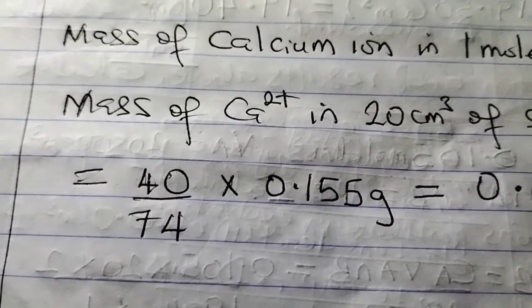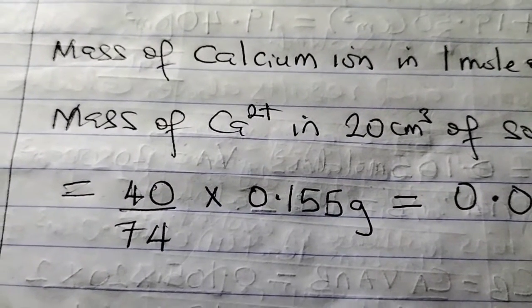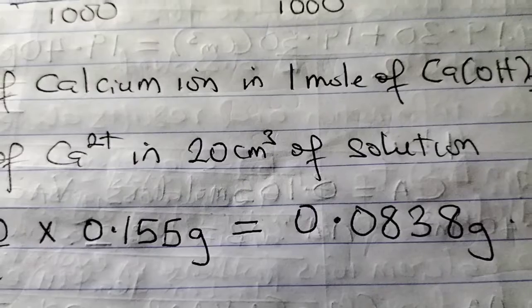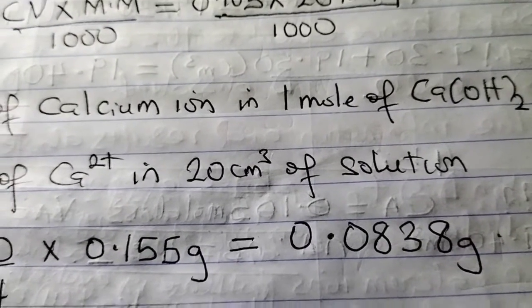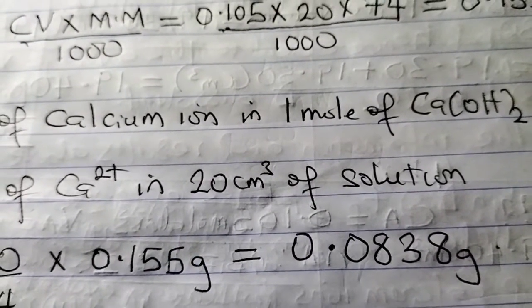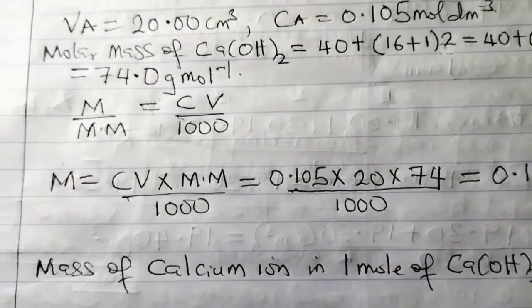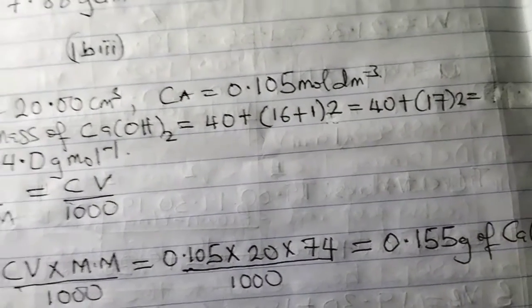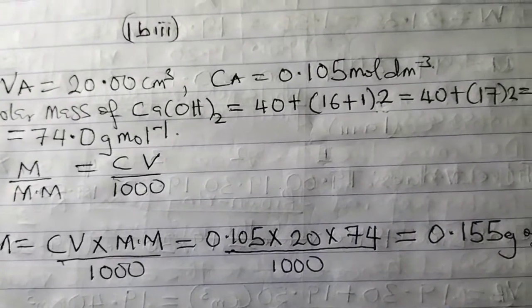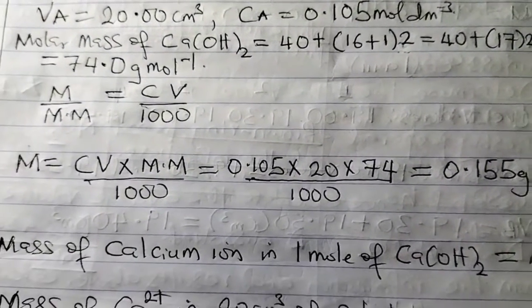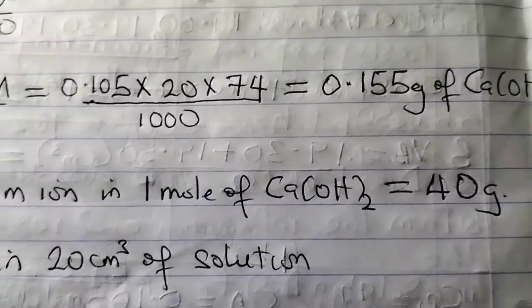So 40 over 74 times 0.155 will give us 0.083 gram of calcium ion as our final answer. You can go through the work and see that there's no error in it.